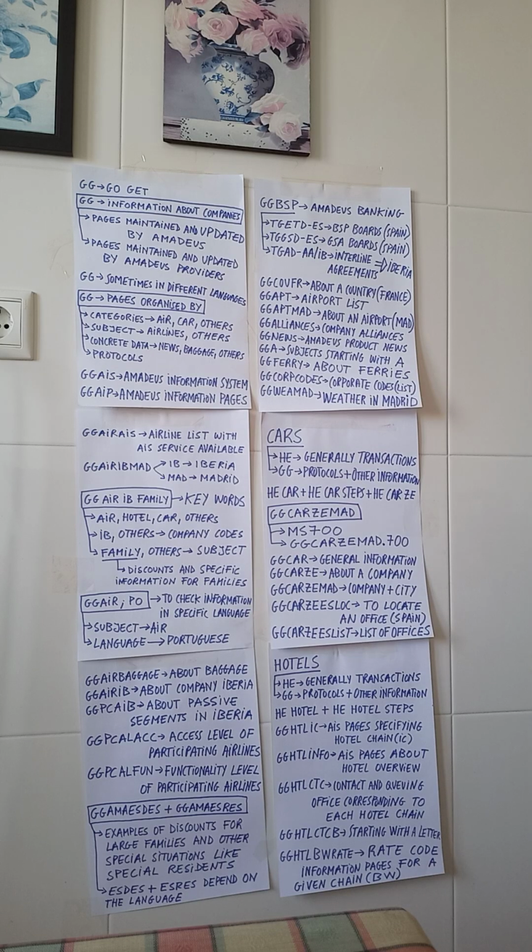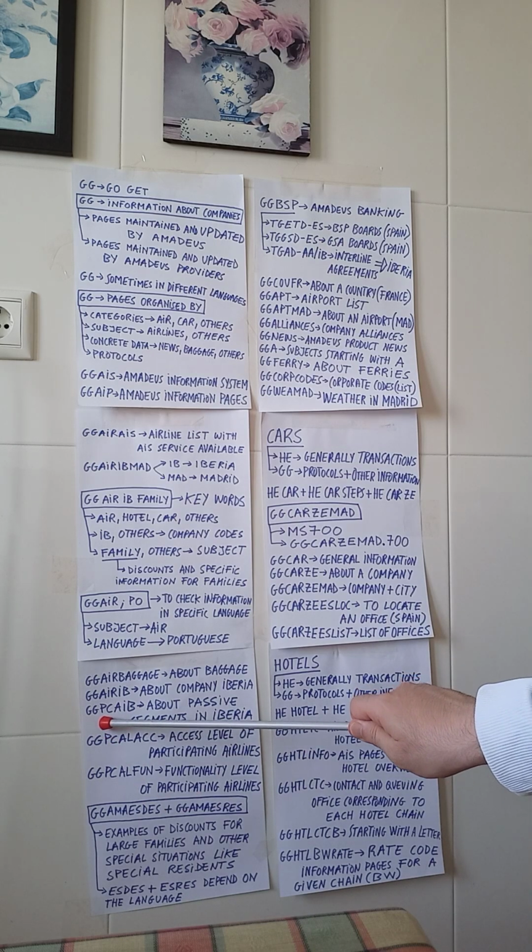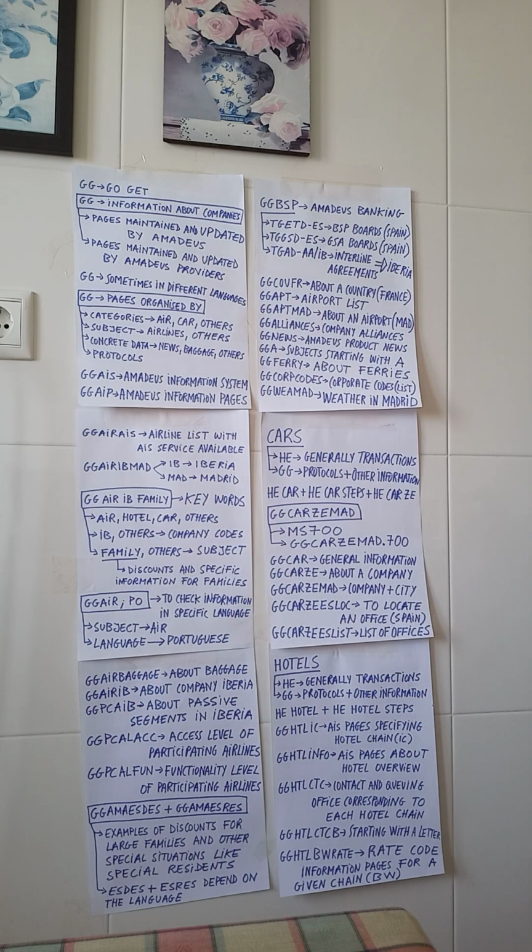Next example, GGPCAIB has information on how to work with passive segments in the airline Iberia. Next example, GGPCALACC, this one, has information on the levels of access we will have when working with the passive segments of the airlines participating in Amadeus.